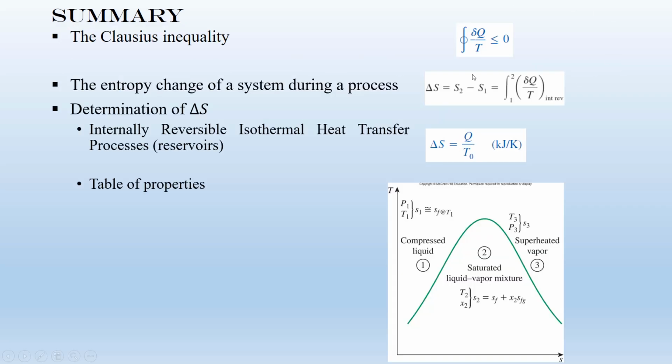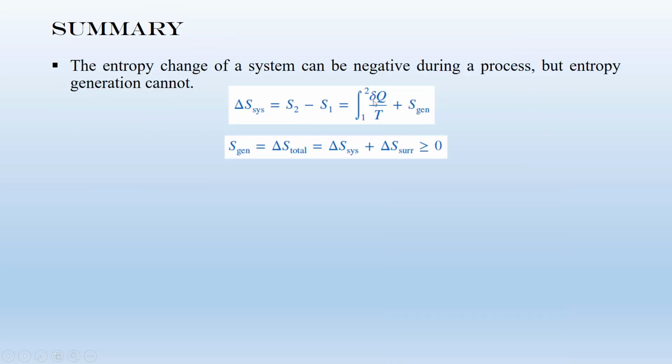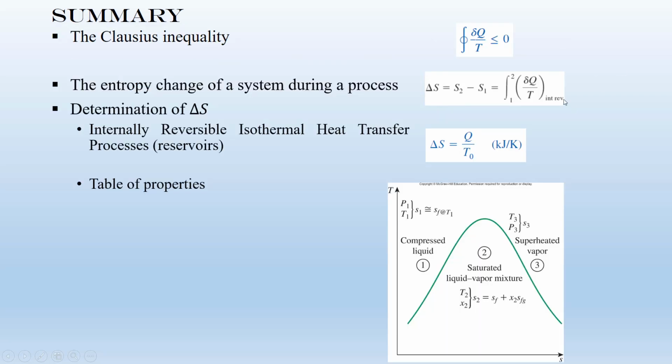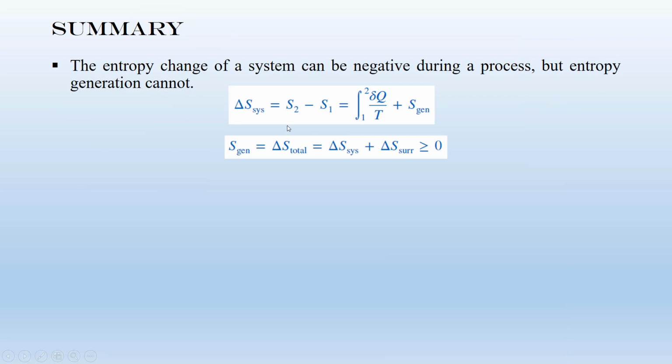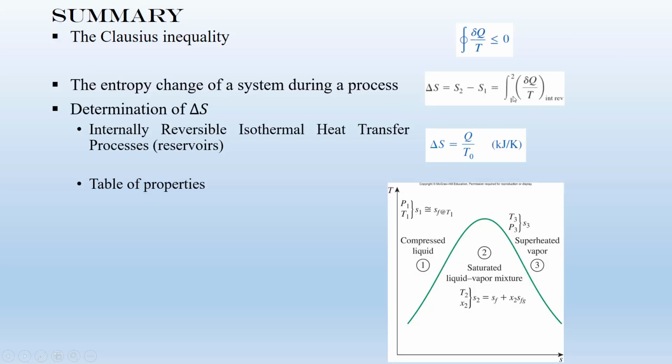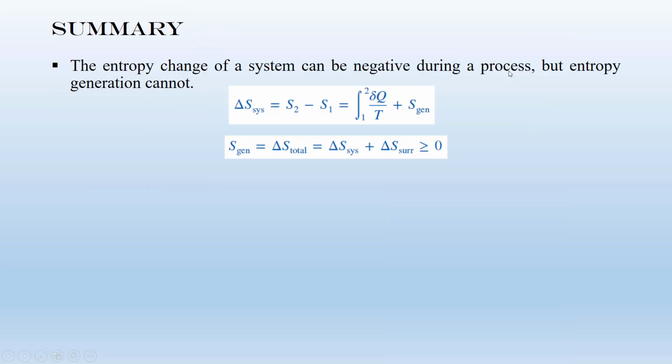Let's go back here. Look, guys, this equation is valid for internally reversible processes. For irreversible processes, you can use this correlation, this integral plus S generation. Correct. So this one is valid for internally reversible, and this correlation is valid for irreversible processes.